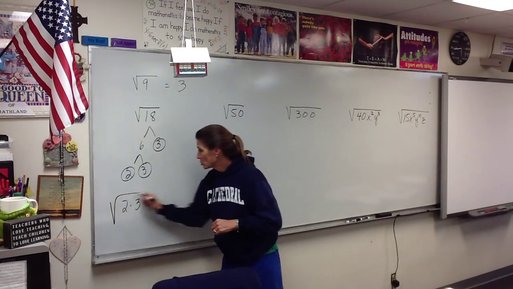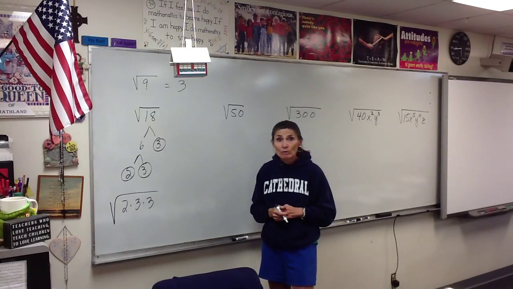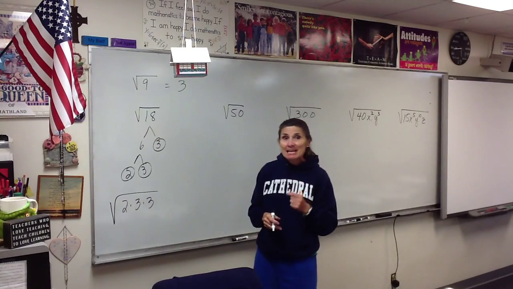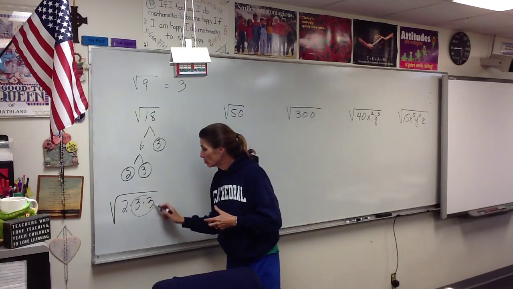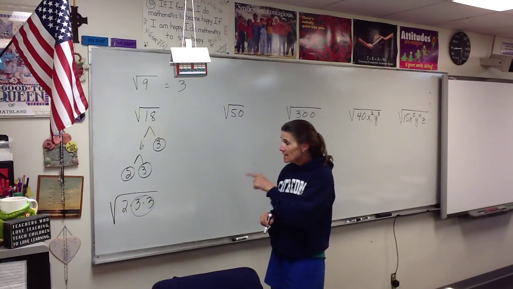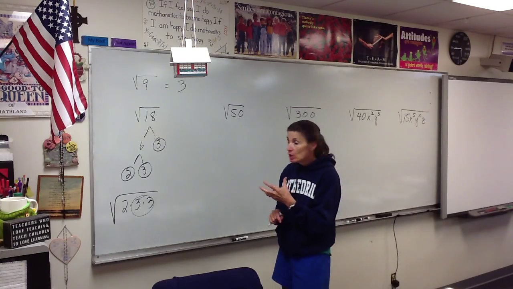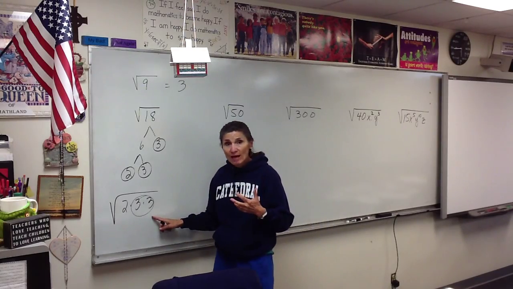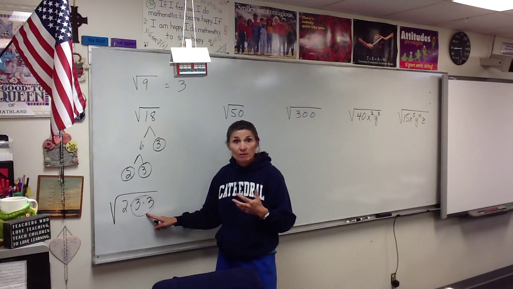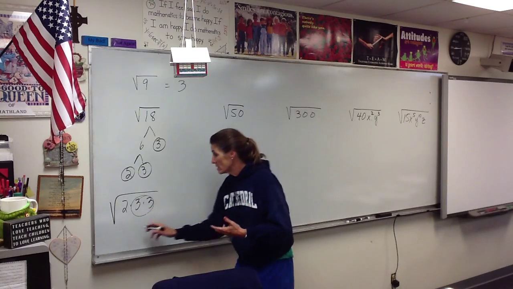Now we're taking the square root of that. Remember, it was the square root of 18. Anything that you have 2 of, like a 3 and a 3, you can take the square root of. This is really 9. 3 times 3 is 9, and the square root of 9 is 3.